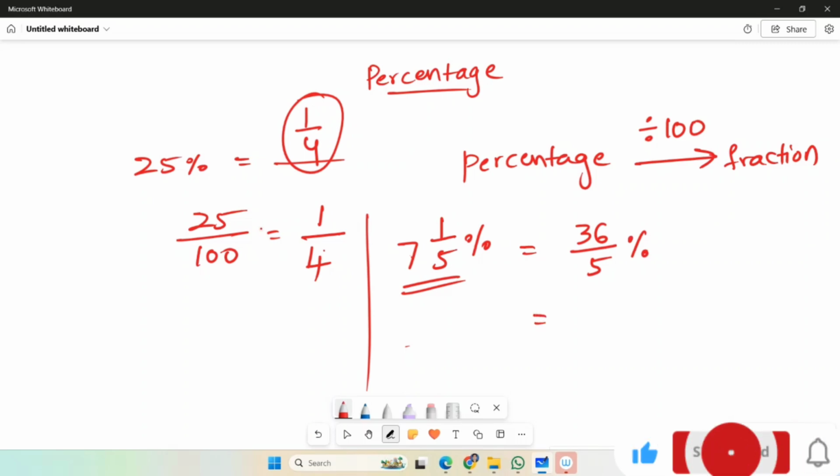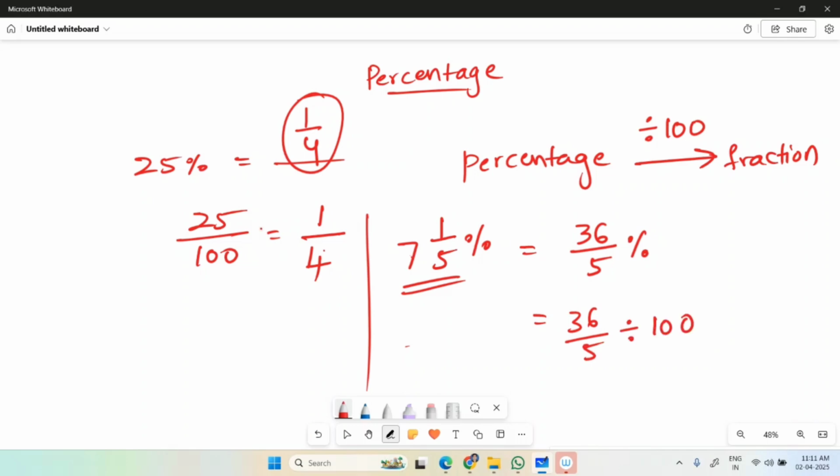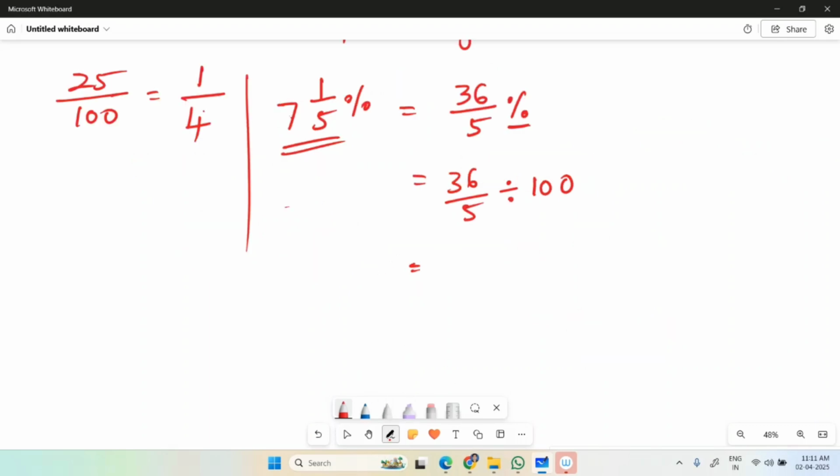Now 36 by 5 percent means 36 by 5 divided by 100, because percent means out of 100. While dividing by 100, we can write 100 as a fraction by keeping the denominator 1. It does not change the value and we can easily write down the fraction.